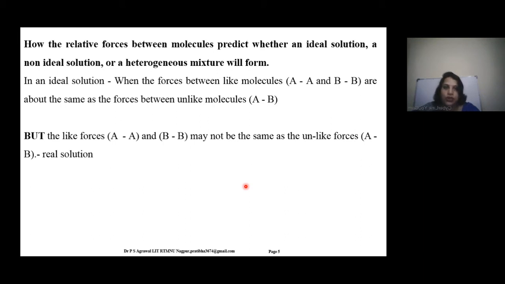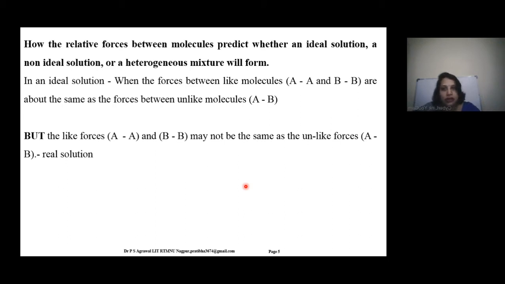It means the volume of the solution will be equal to V1 plus V2, where V1 and V2 are the volumes of the components. No heat is absorbed or evolved when the solution is formed, that is, delta H will be 0. When the forces between like molecules, AA and BB, are about the same as that of AB, we say that it is an ideal solution.